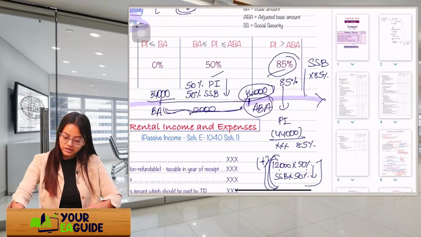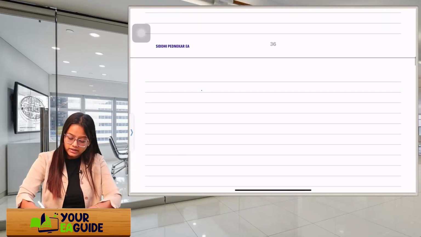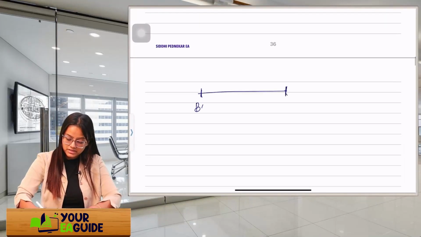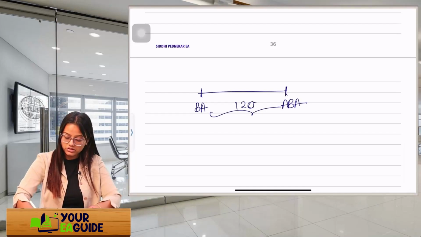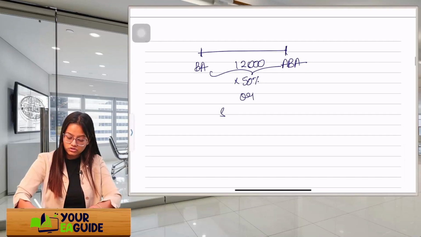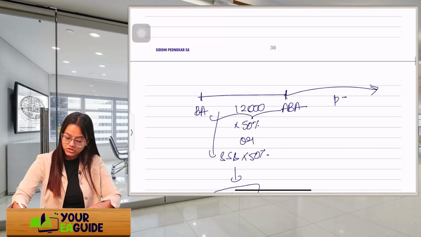I'll explain it in a very short manner. How you have to calculate: take your base amount and adjusted base amount. The difference of this is 12,000, multiply by 50% or social security benefit into 50%, whichever is lower. You will get this one amount, right? Now next, take your provisional income minus 44,000.